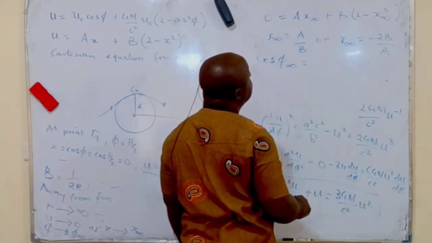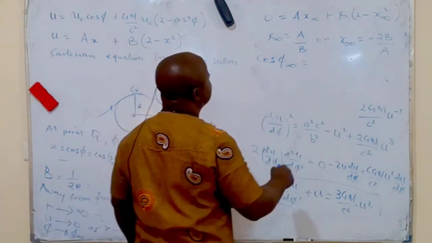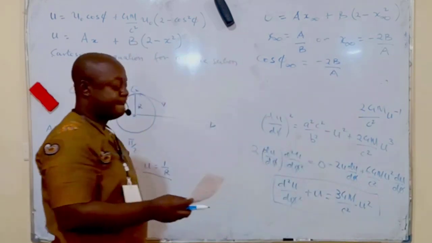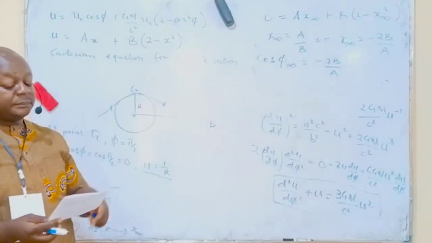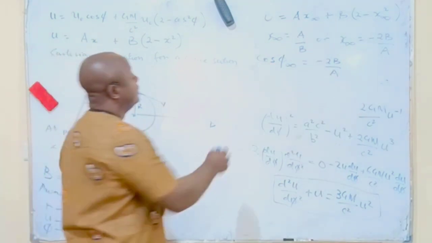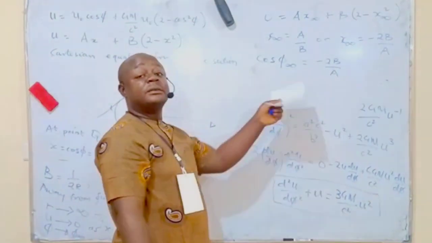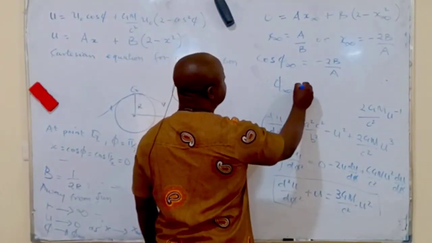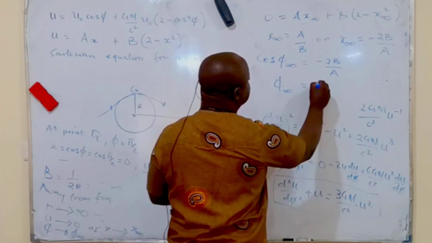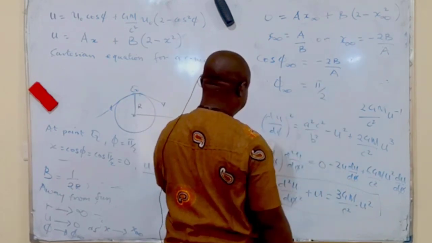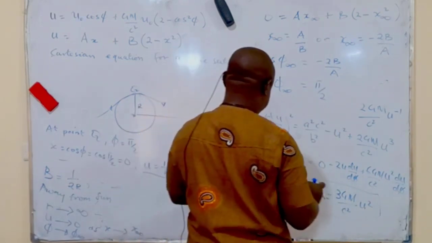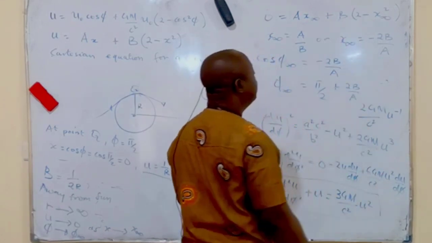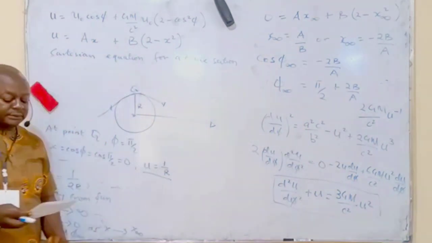So that will be minus 2b over a. And if you solve this equation, phi of infinity will just be pi over 2 plus 2b over a. So it will just be that.